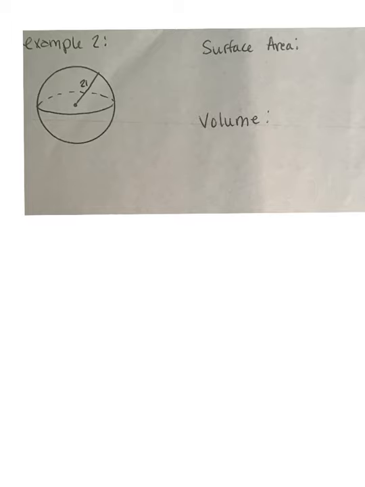Okay, and the next one you can see our radius here is shown. It is 21. So remember, radius is from center to outside, so our R equals 21. So for our surface area, that means that we're going to do 4 times pi times 21 to the second power.